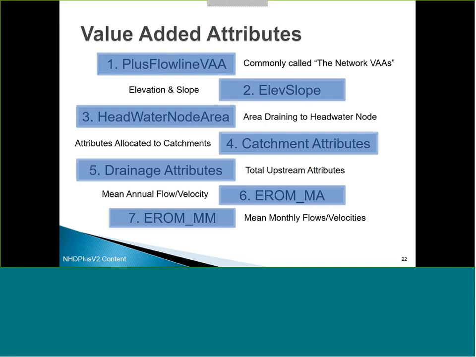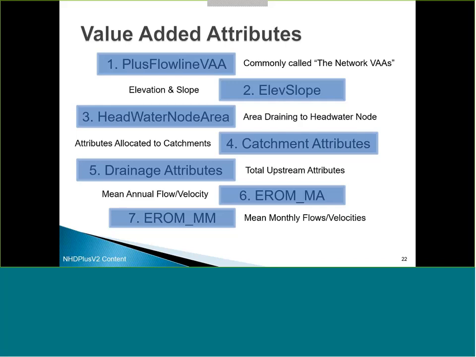We have headwater node areas, which is basically just the drainage area that drains to the top of each network start. We have catchment attributes that we've allocated to catchments, runoff, temp, precip, NLCD.